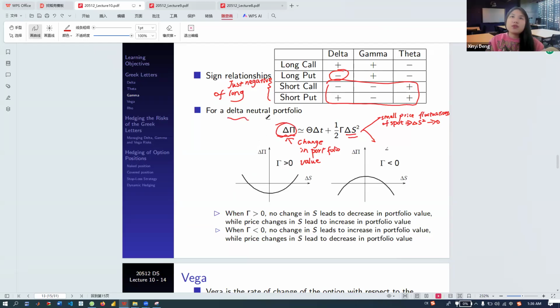So for a delta neutral portfolio, the change in portfolio value is approximately equal to theta times delta t plus 0.5 times gamma times delta S squared. I know that I already expanded about the tip at the beginning, but this equation also helps expand about the tip.